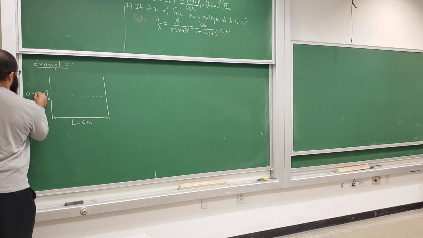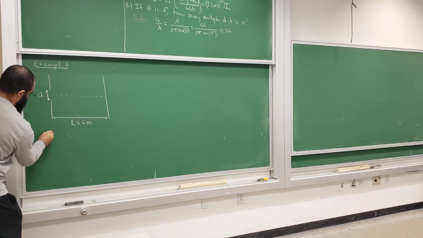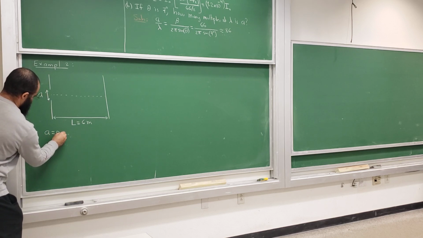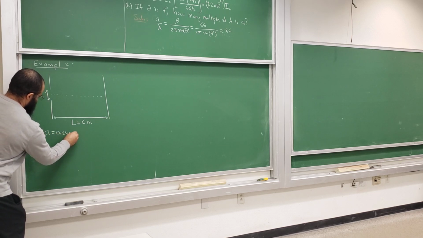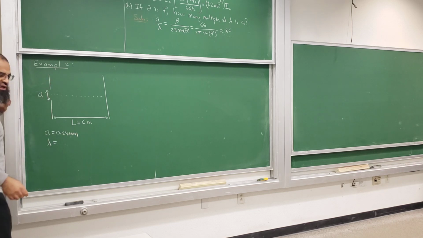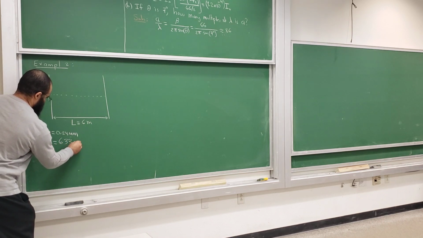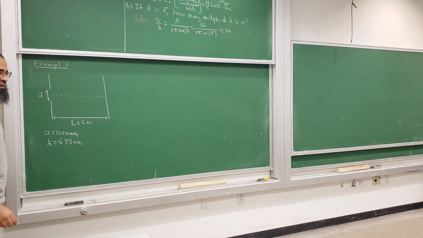This is A, so A is 0.24 millimeters. Let lambda be, for this case, 633 nanometers.